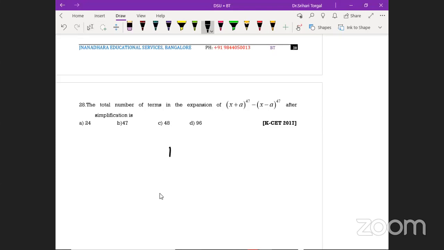Yes, when it is odd, 47 plus 1 by 2, 24.